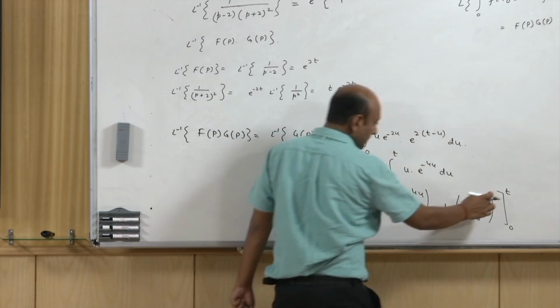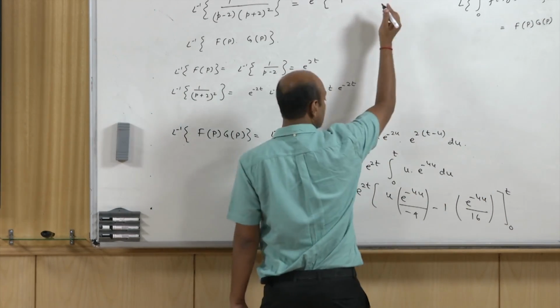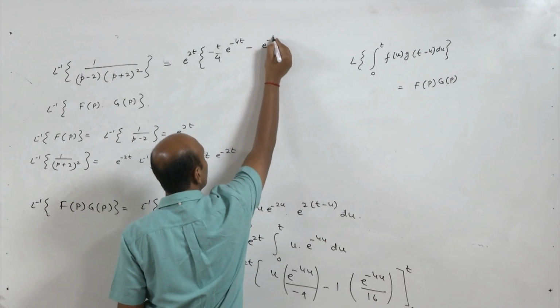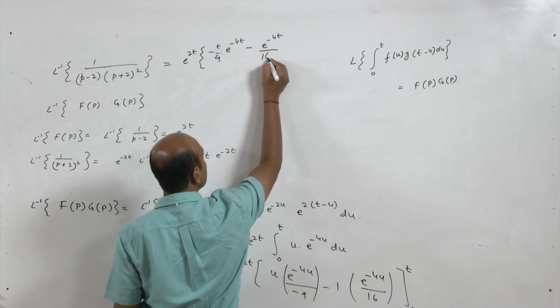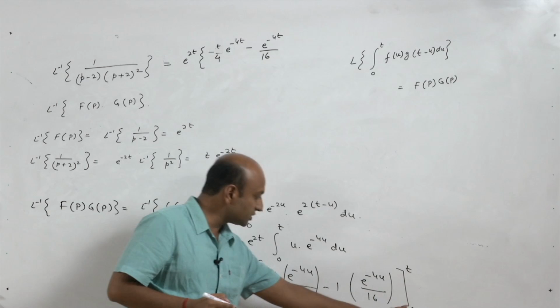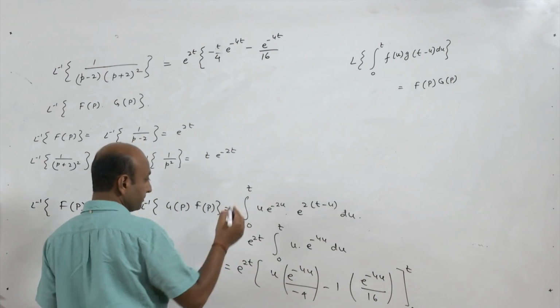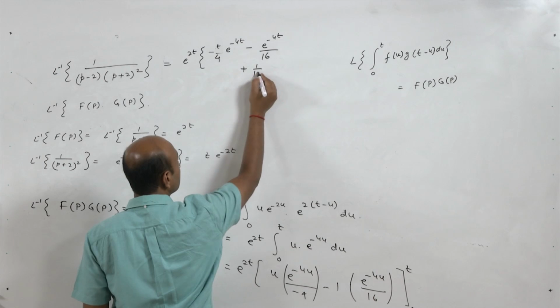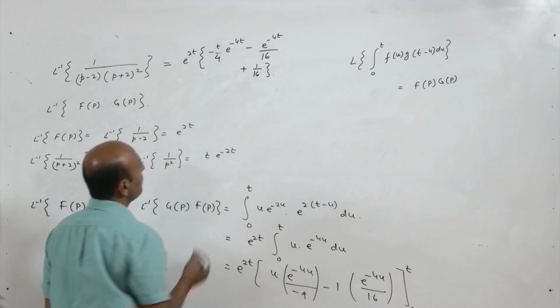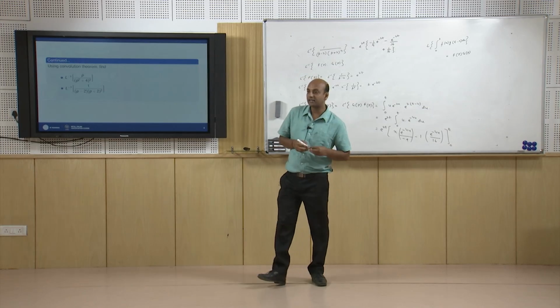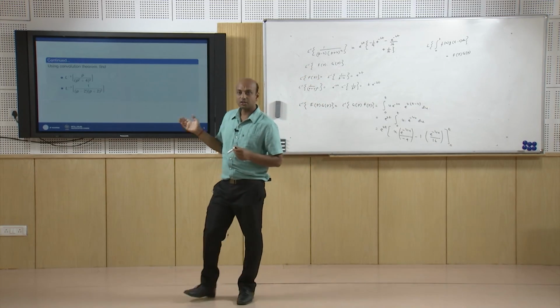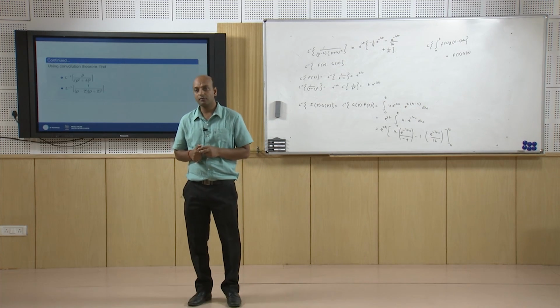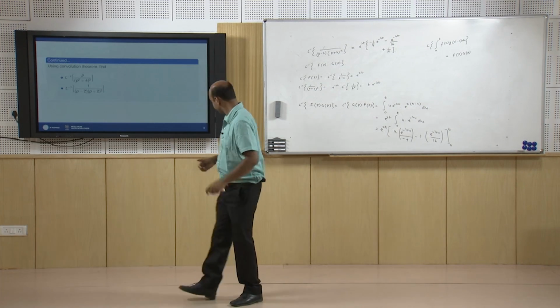Now, when it is t, it is minus of e to the power minus 4t upon 16, and when it is 0, so minus minus plus it is 1 by 16. So, I simplify this, this will be the final answer of this problem. This is how we can find out Laplace inverse of this expression.